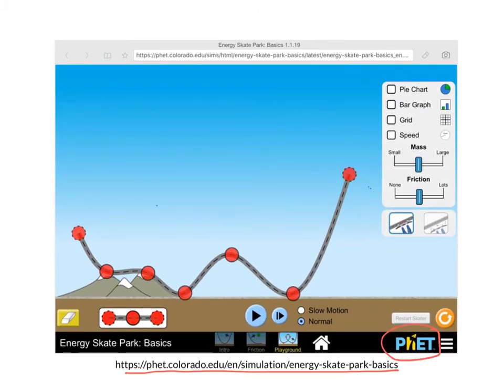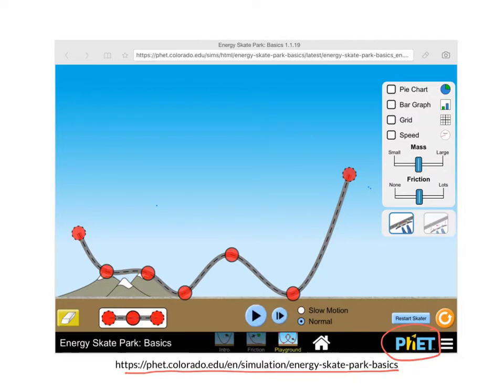Okay, so at this point, I'm going to hit the play button, and the guy on the skateboard is going to travel down the track. And let's just watch his motion. Notice that the friction is present here. So he is not quite getting all the way to the end there, and eventually he's going to come to a stop.